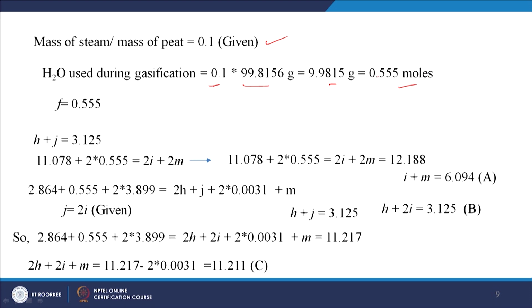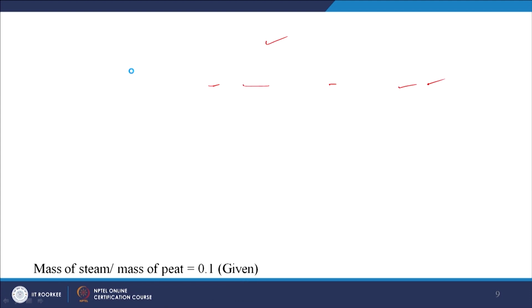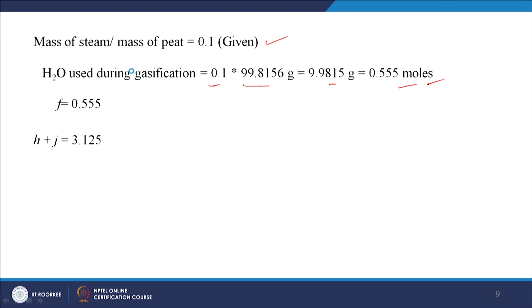So, it will give me this gram to mole conversion. Then this steam was used for the reactions. We had an expression there, F, and this F was used for the gasification. Now, we are able to get the value of F, so the value of F is 0.555.